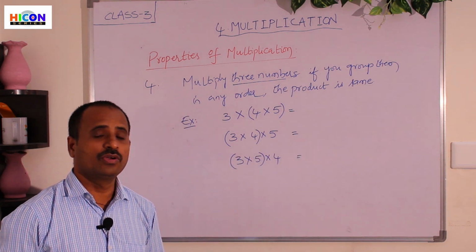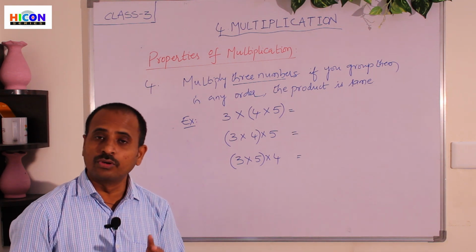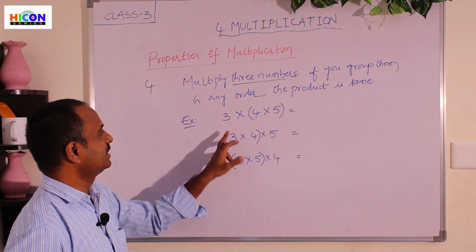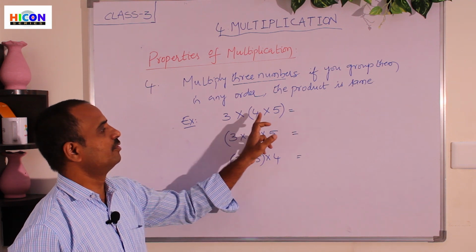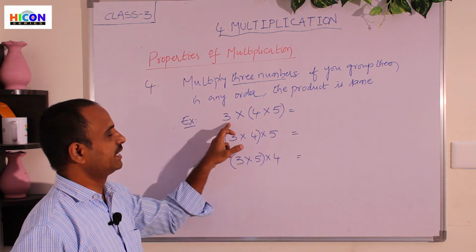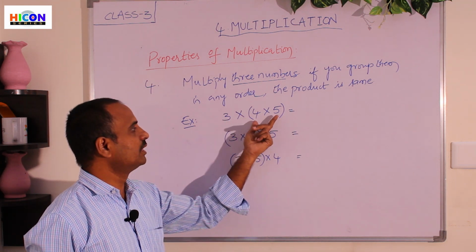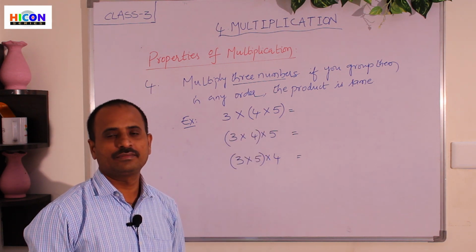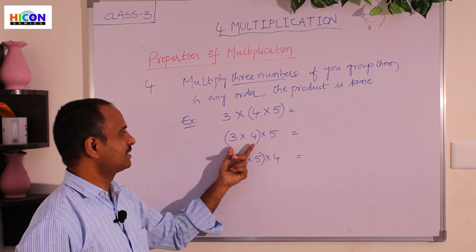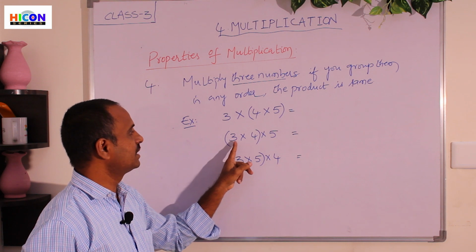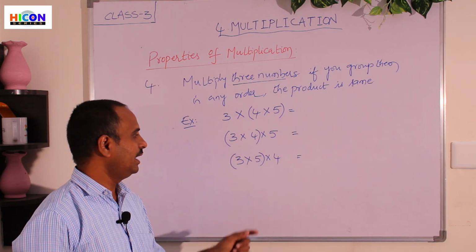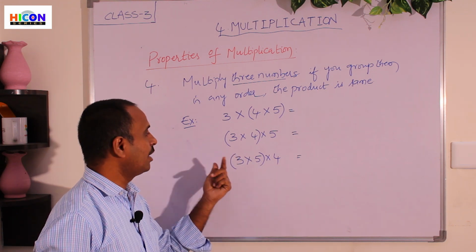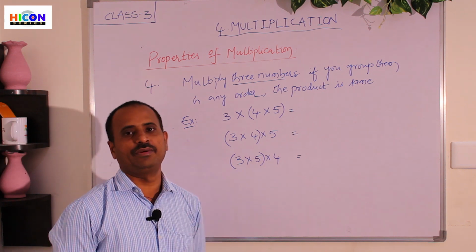So children, do you understand the grouping? How to group the two numbers? These are the three numbers 3, 4 and 5. In the first case, I have grouped the two numbers 4 and 5. In the second case, I have grouped 3 and 4. And in the third case, I have grouped 3 and 5.